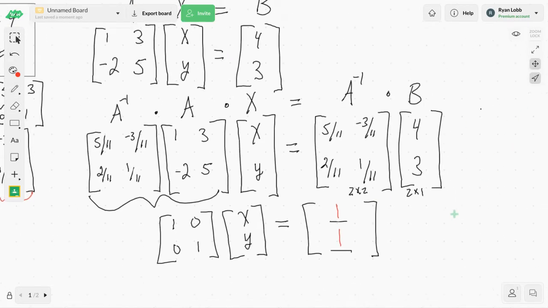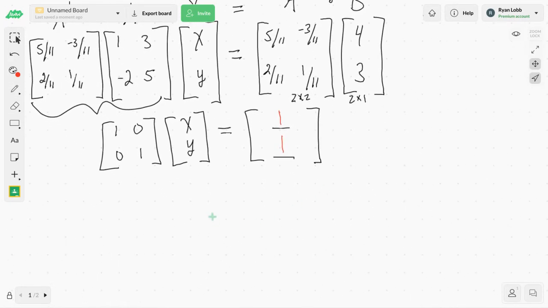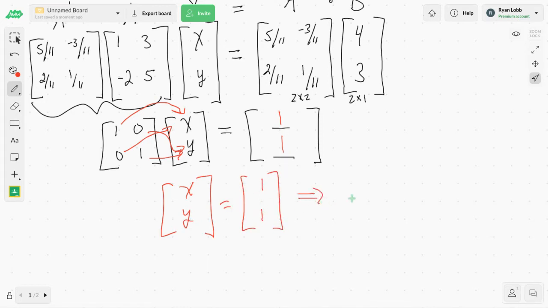And in the end, not that we have to do this, but if at this point you multiply this together, I get 1 times X plus 0 times Y would be X. And then going to the next row, 0 times X plus 1 times Y would be Y equals 1, 1, which implies that X equals 1 and Y equals 1. There's my final answer, my solution.